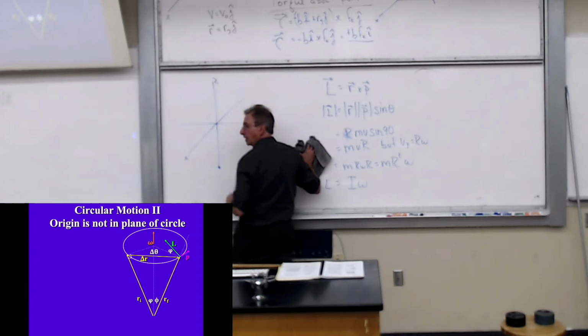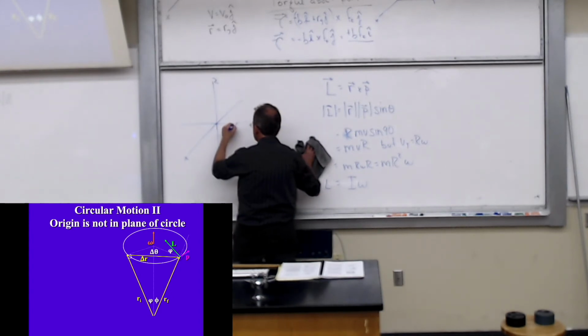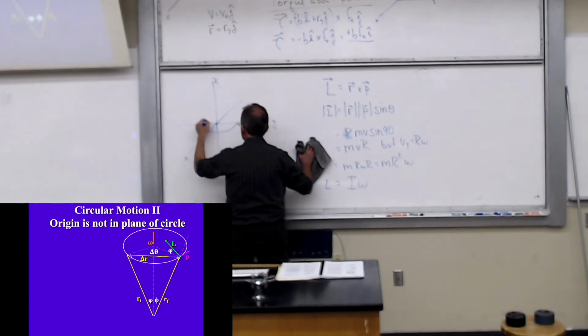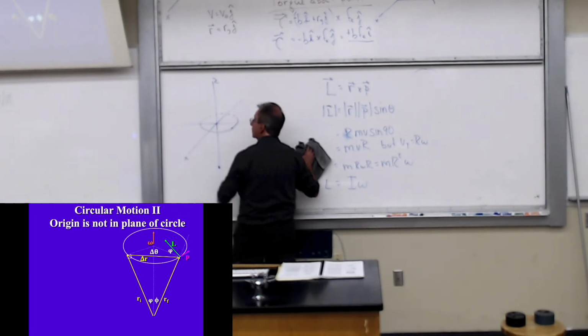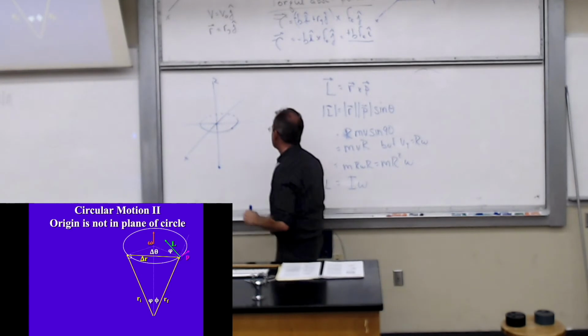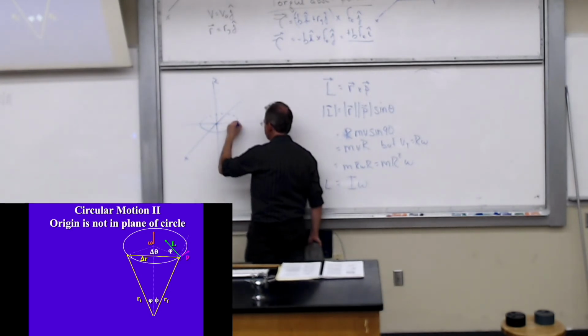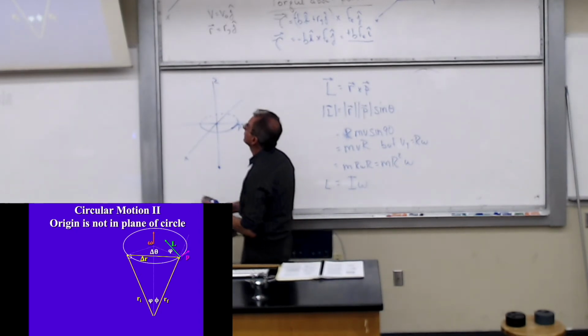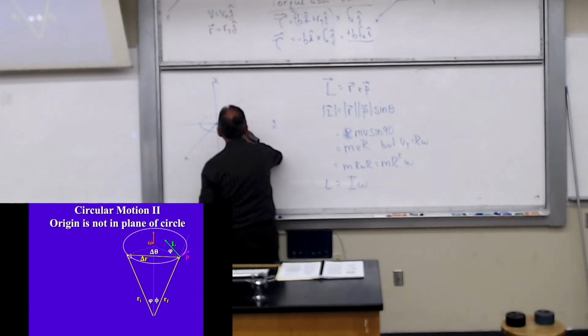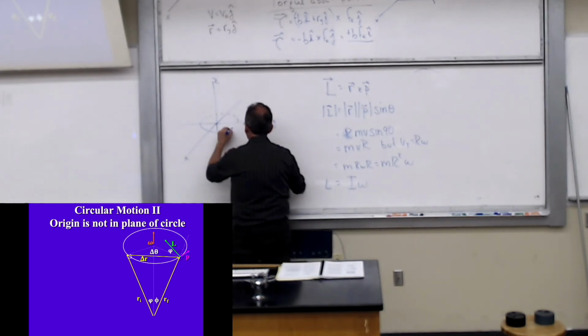I'm going to choose a point down here. I'll draw the circle like this, as best I can, okay? I say the particle's there. Let's draw the momentum this way. Actually, let me draw the momentum this way. Oh no, this is fine.